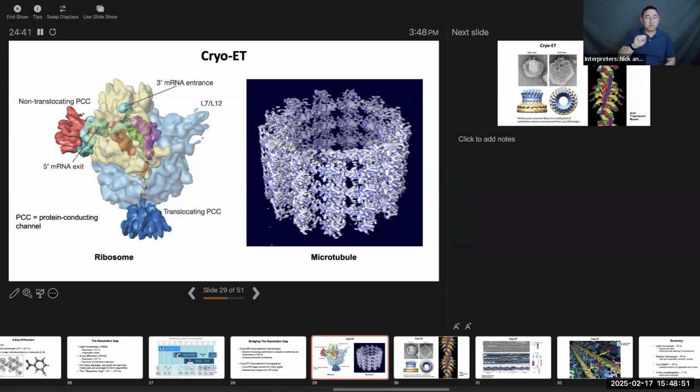And microtubules are actually made up of two proteins called alpha and beta tubulin that simply spiral around. You just have one alpha, one beta, one alpha, one beta, and they create this helical spiral and create these long tubes of protein.